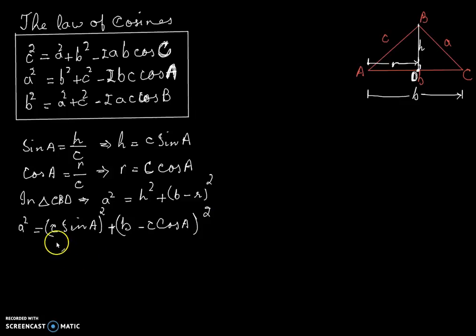Now you can simplify this. You can write A squared is equal to C squared sine squared A plus B squared minus 2BC cos A plus C squared cos squared A.